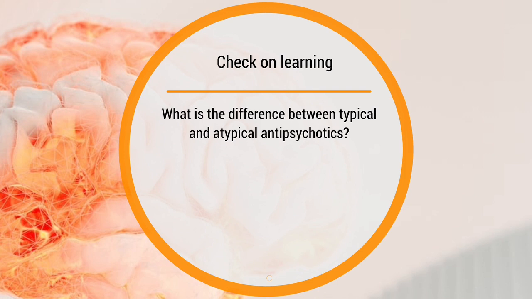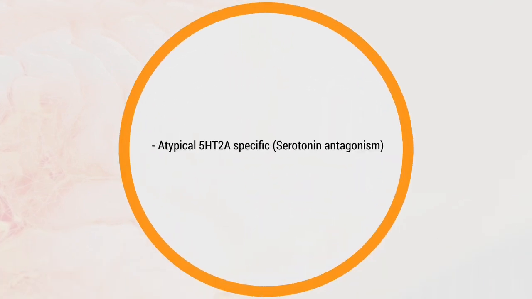So let's do a check on learning. What is the difference between a typical versus an atypical antipsychotic? Well, if you remember what we just said, the atypical has the 5HT2A specific, which is your serotonin antagonism.